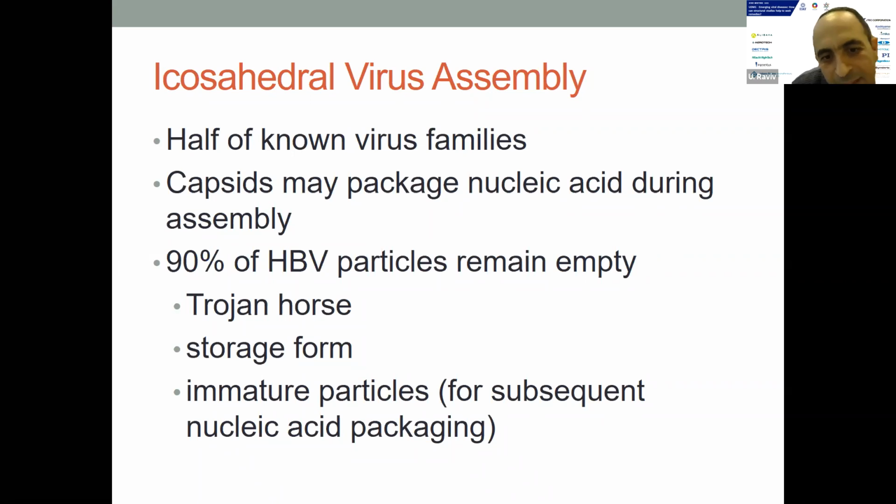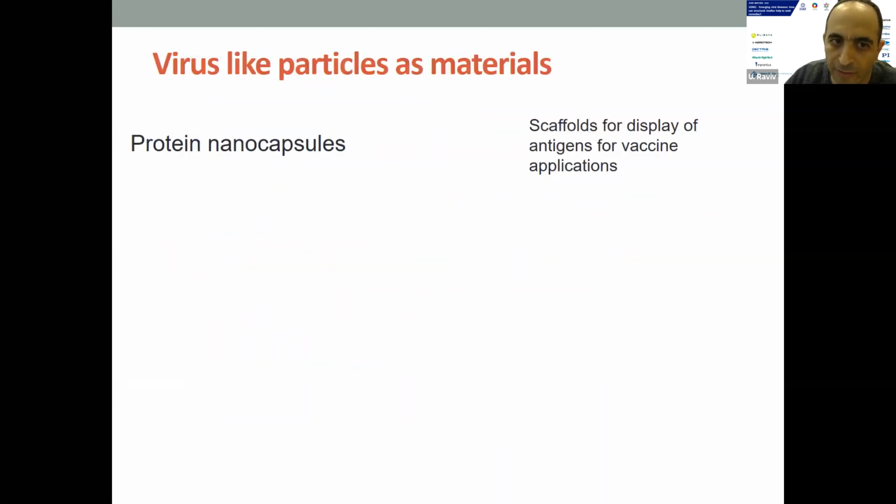It is a relevant virus in many aspects, but it's also a very interesting and very well-studied virus. It turns out that you can assemble the virus-like particles in vitro. In the cells, 90% of the hepatitis B capsids remain empty, either as a Trojan horse, a storage form, or an immature particle for subsequent packaging of the genetic material.